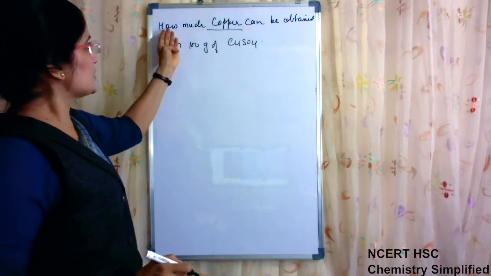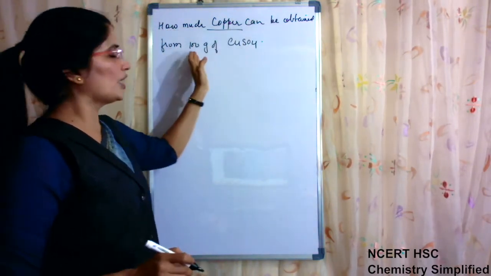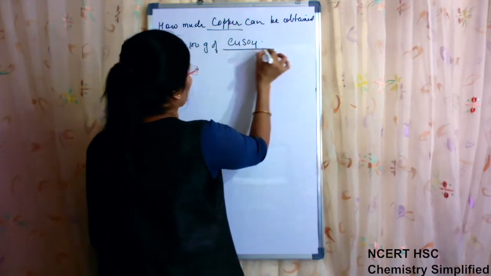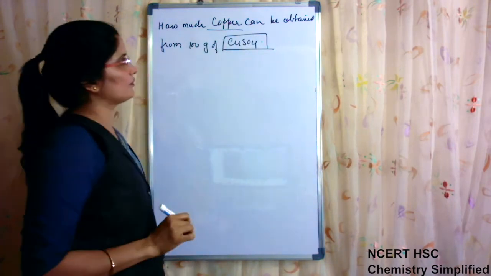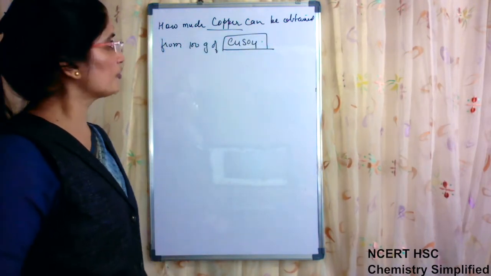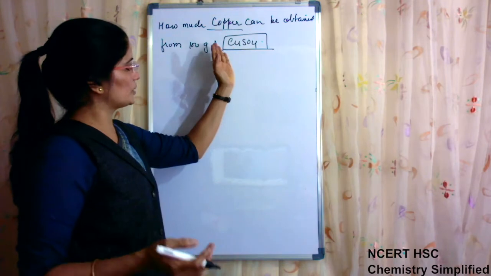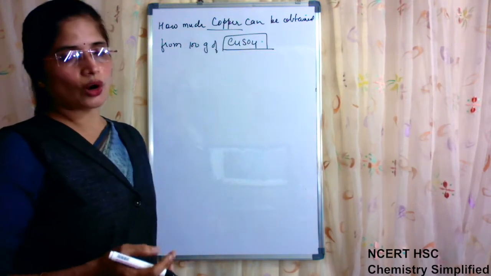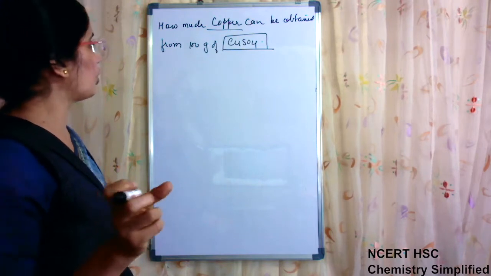To do such questions, first of all, we should know what is actually the molecular mass of copper sulfate, and how much is the atomic mass of copper in that particular 1 mole of copper sulfate.